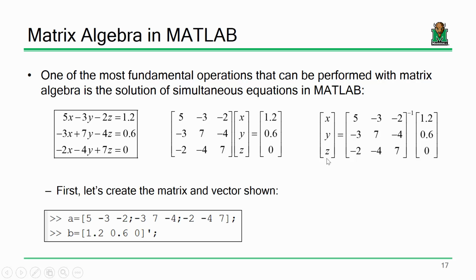So the first thing we need to do is create the matrix that represents the left-hand side of the equation and the vector, meaning just the single column of data that is the values on the right-hand side. So let's create those as shown.